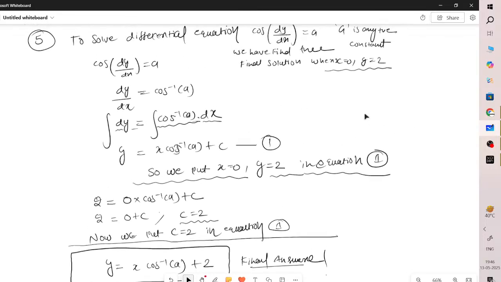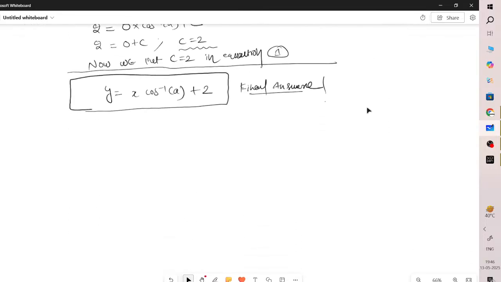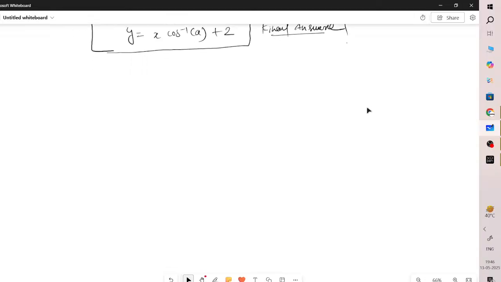Okay, now we are moving towards the next question. Question number 6. To solve this question is a little bit on the moderate side.